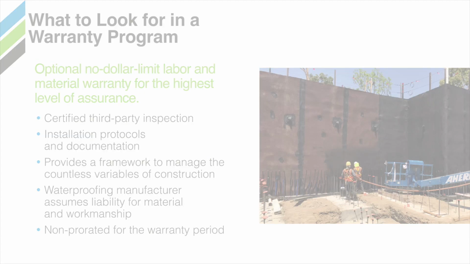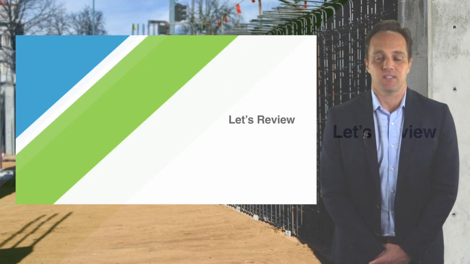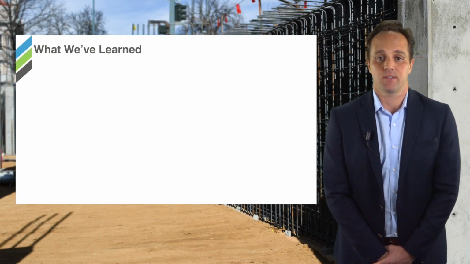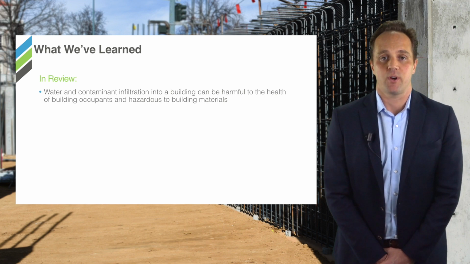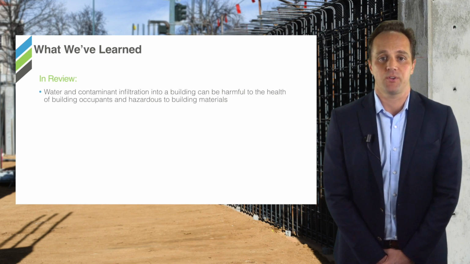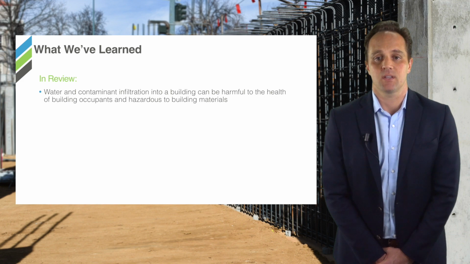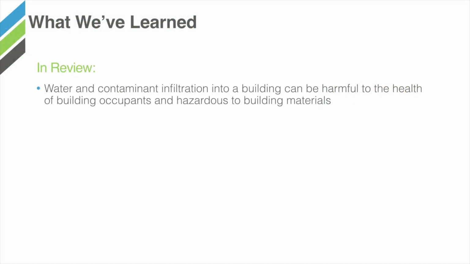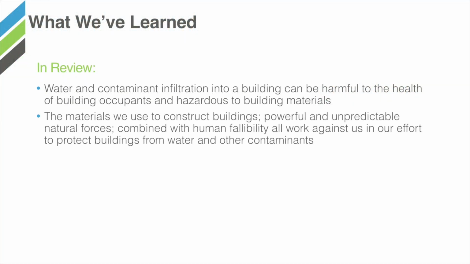We've learned a number of things today. Let's review some of the key points. Water and contaminant infiltration into a building can be harmful to the health of building occupants and hazardous to building materials. Construction methodologies, building materials, site-specific conditions, and human error all work against us when trying to protect a building from water ingress and contaminant vapor.